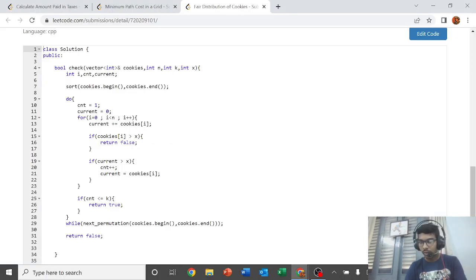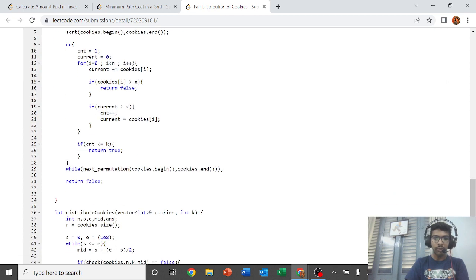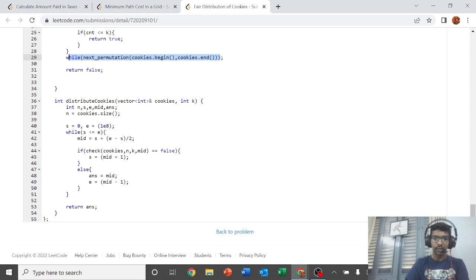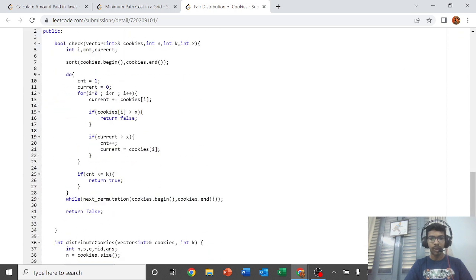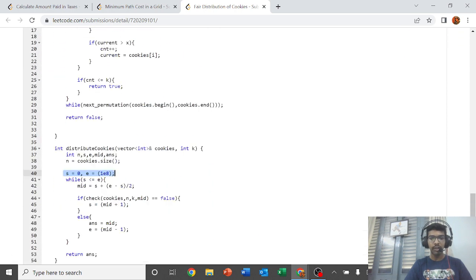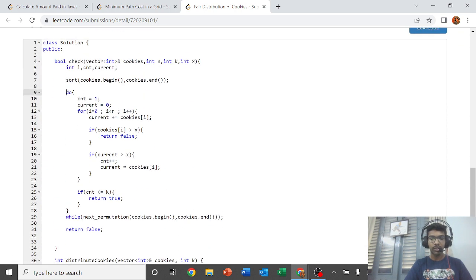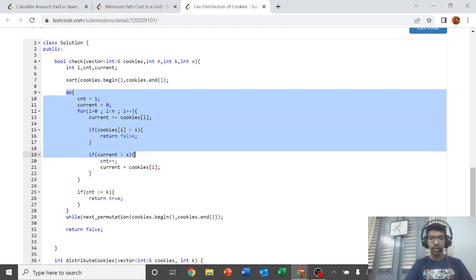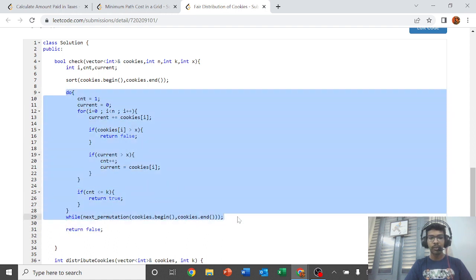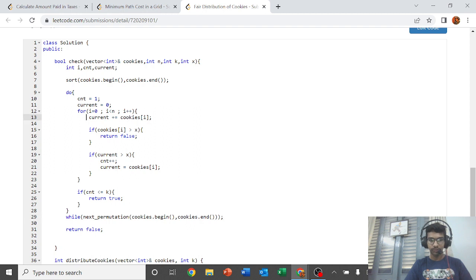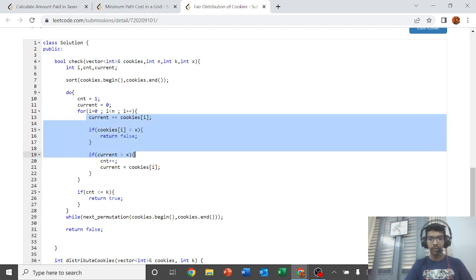Let me show you my code. What I did was, to generate all the permutations, I used next permutation. First I did binary search. I considered these as my starting and ending points, and I binary searched over this interval. In order to check whether it is satisfied or not, I first generated all the permutations and then checked how many children I need to distribute it amongst.